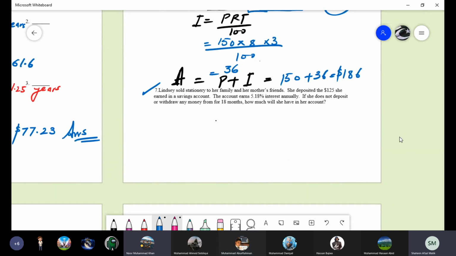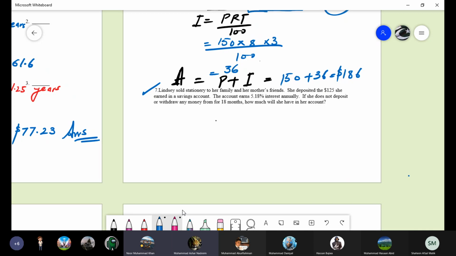Then question number 7. Who wants to solve question 7? Ma'am, can I? Ashar can. Yes, ma'am. Okay, Ashar, solve the question, beta. Hassan, after Ashar you can. Question 7: Lindsay sold stationery to her family and her mother's friends.